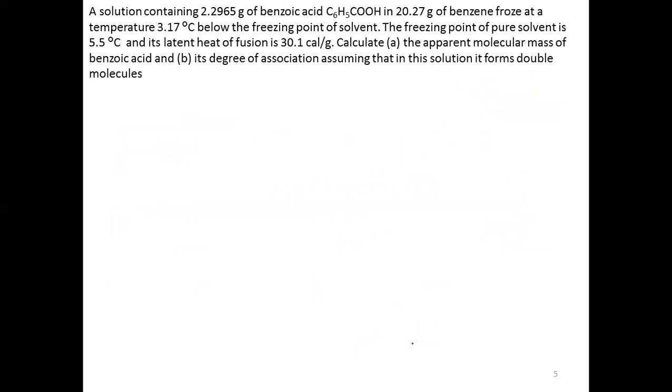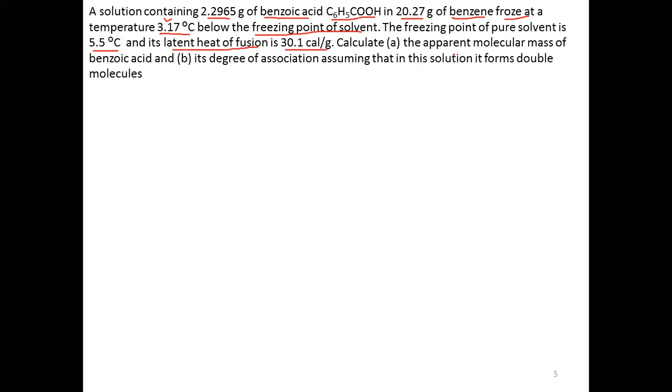A solution containing 2.2965 gram of benzoic acid, C6H5COOH is its formula, in 20.27 gram of benzene. So our solvent is benzene, and it freezes at a temperature 3.17 degrees Celsius below the freezing point of solvent. That means this is the depression in freezing point. Now the freezing point of pure solvent is 5.5 degrees Celsius and its latent heat of fusion is 30.1 calorie per gram.